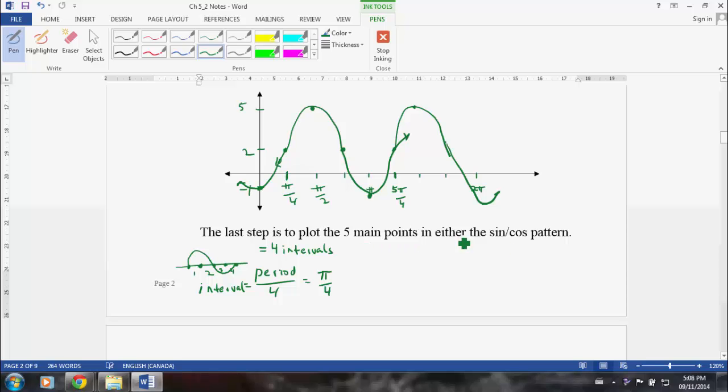So list the 5 main points in either the sine cos pattern. If you drew your dashed lines in here on a soft pencil, I would just have to say erase those lines. Okay, erase all lines except your graph.